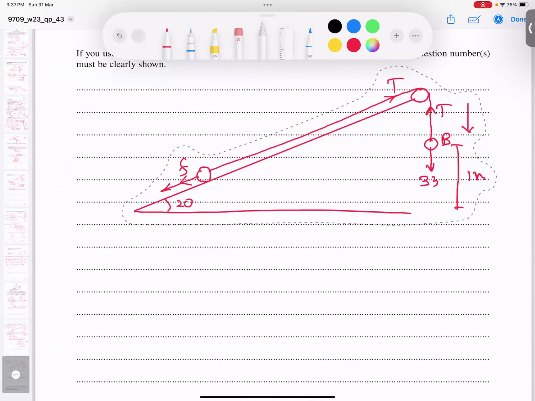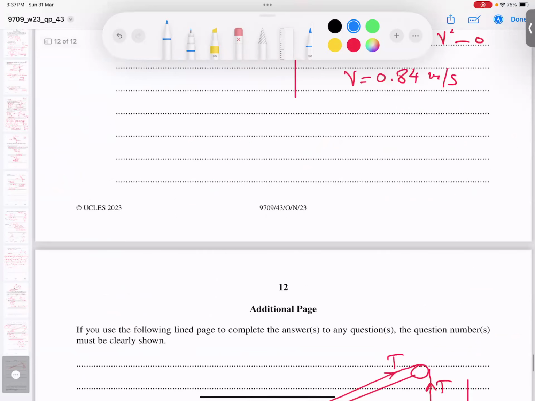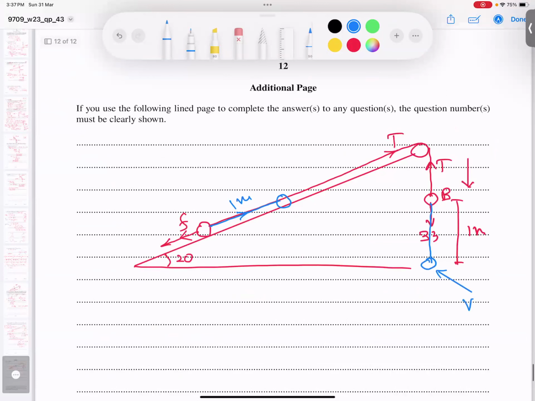Okay, so look, students, this particle will fall 1 meter downwards, and this particle moves 1 meter upwards naturally. What is the speed at this moment? Speed at this moment, I got 0.84. And what is the speed at this moment?